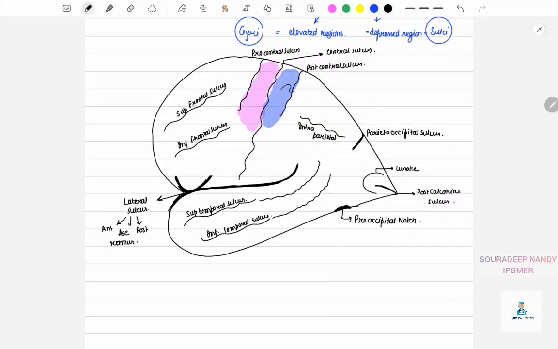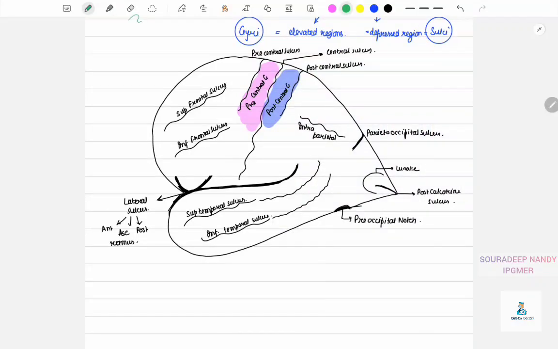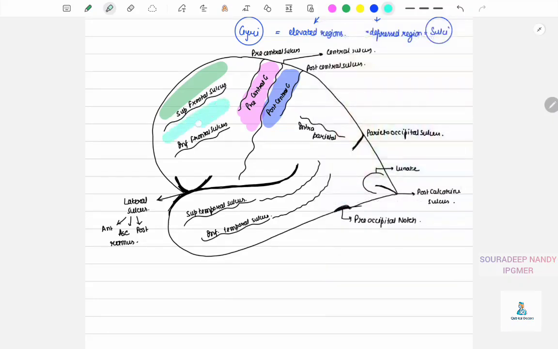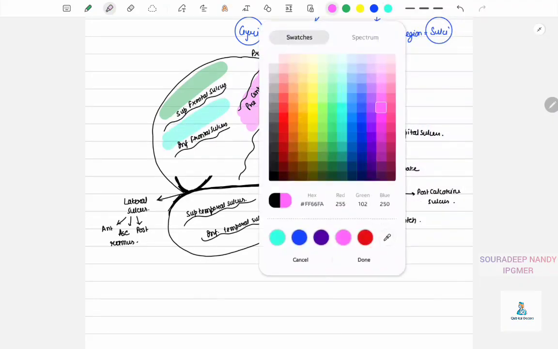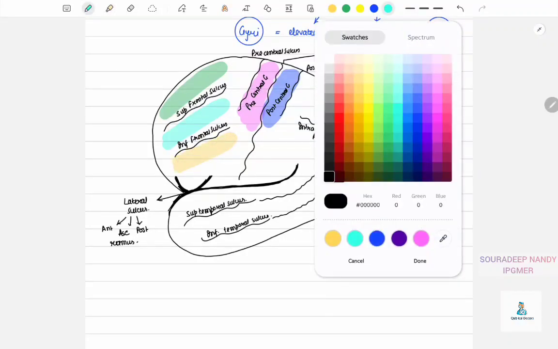So pre-central gyrus, post-central gyrus. Between the superior frontal sulcus and the inferior frontal sulcus there is the middle frontal gyrus, and inferior to the inferior frontal sulcus there is the inferior frontal gyrus. So let us write this.